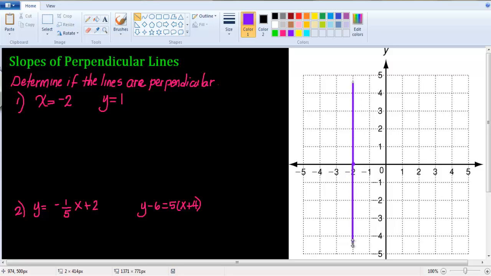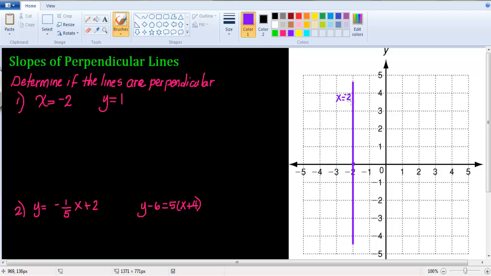No matter what the y value is, this will be -2. I'm trying to make this line straight. So this line that I just drew, that line is called x equals -2.